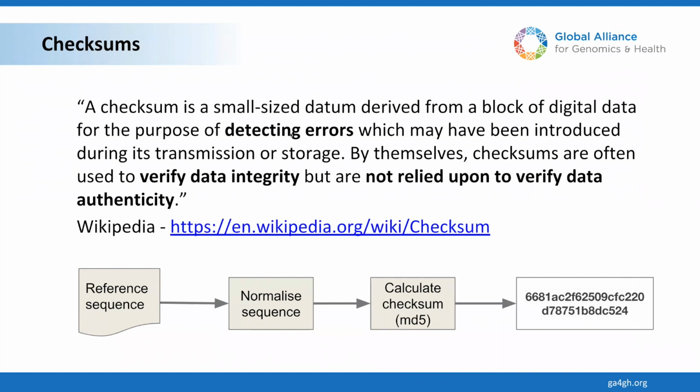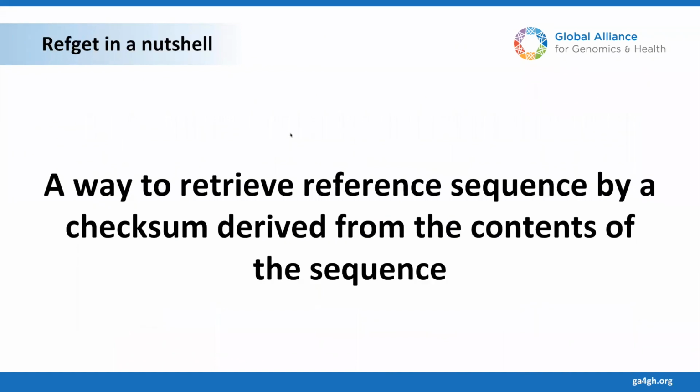There are very good historical reasons for why we chose MD5, which I'll go into in a minute. And then this gives a nice condensed hex representation of that checksum at the very end. So Refget, in a nutshell, is a way to retrieve a reference sequence by a checksum derived from the contents of the sequence. It's very meta. I do apologize, but this will begin to make more sense in a minute.